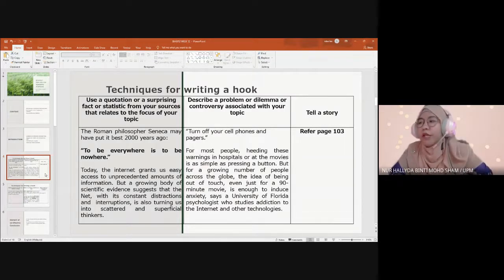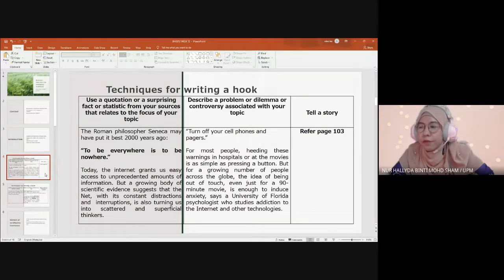When it comes to introduction, you need a hook. A hook here means an element that attracts the reader. These are all the options. You don't have to use all the techniques in the same essay. Choose one. Sometimes maybe two, depending.